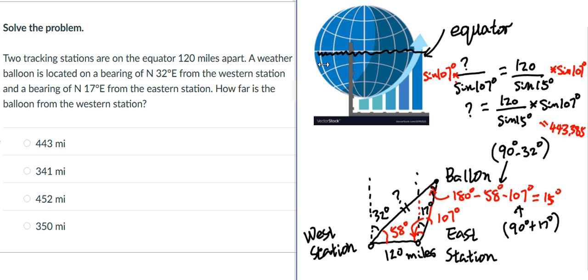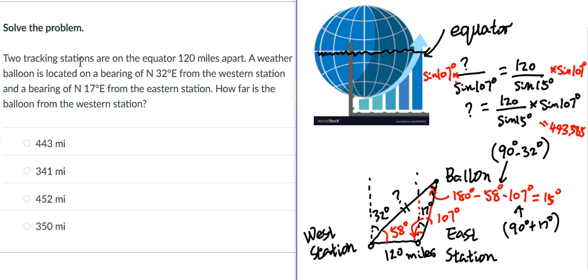Here, what's the meaning of equator? Some of you may know that if this is the Earth globe, this line right in the middle is called the equator.